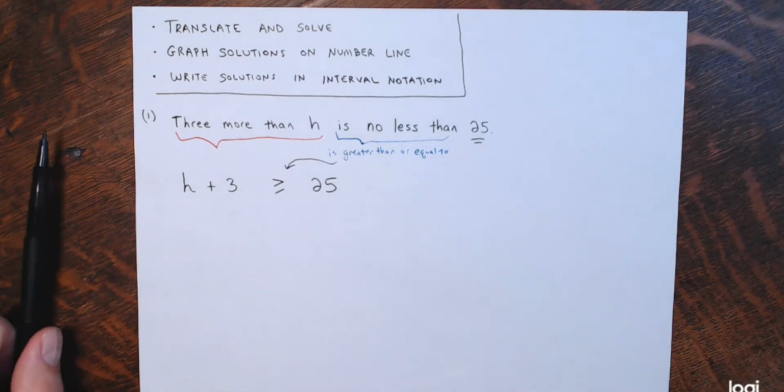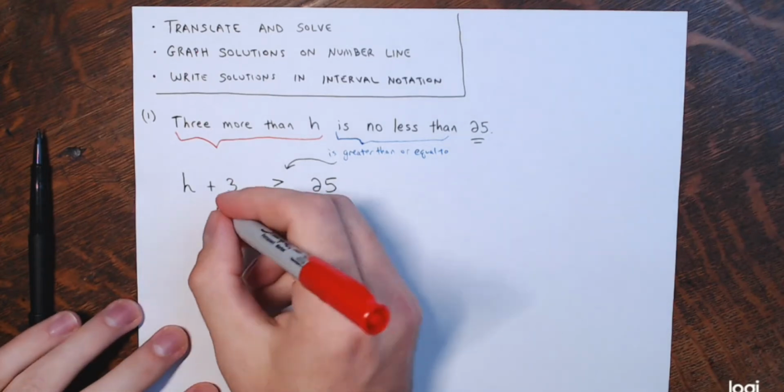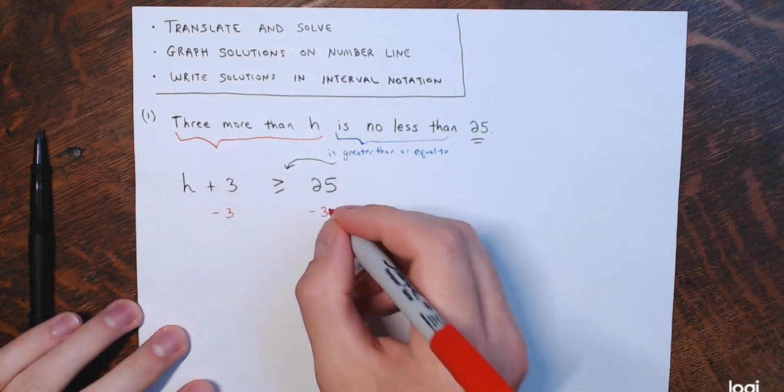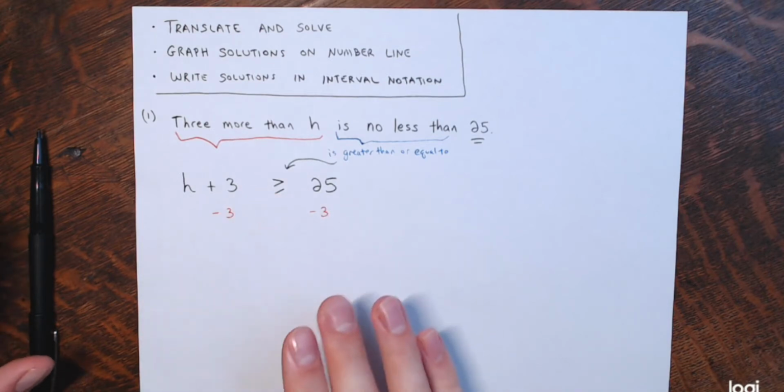Now I solve. Remember, to solve an inequality, I'm going to get all the terms with my variable, I prefer it on the left side, and everything without the variable on the right. And this is a very simple one. All I need to do here is subtract the term of 3 and do it to both sides. And the inequality will not flip because all I'm doing is subtraction.